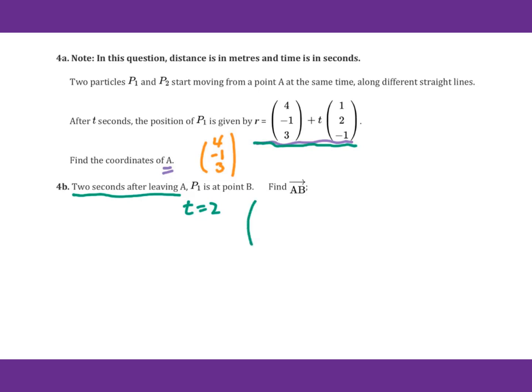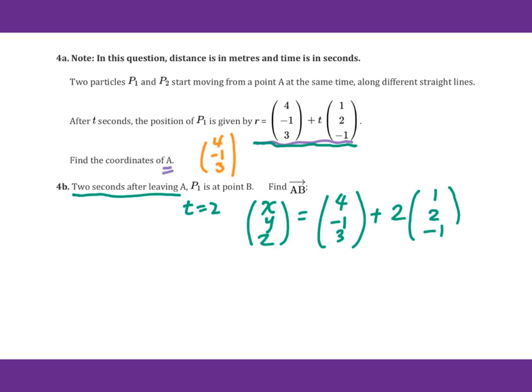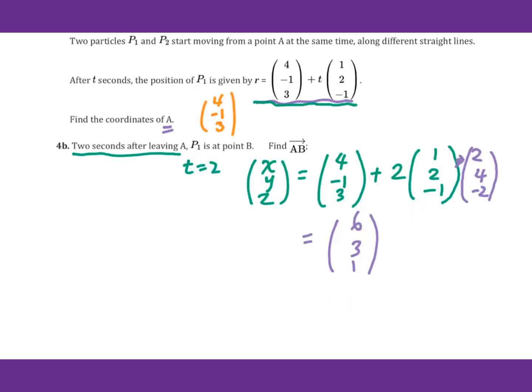You will get x, y, z equals 4, -1, 3 plus 2 times 1, 2, -1. Multiplying, you get 2, 4, -2. Then adding, you will get 6, 3, 1. This will be the coordinates for B.